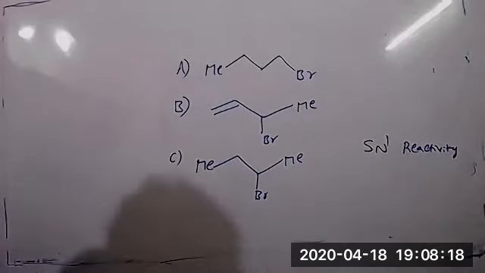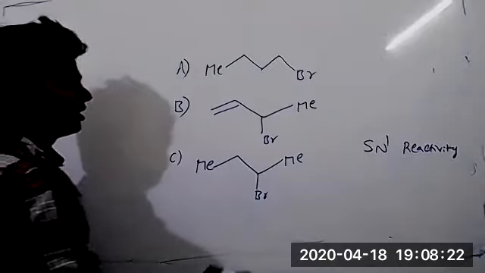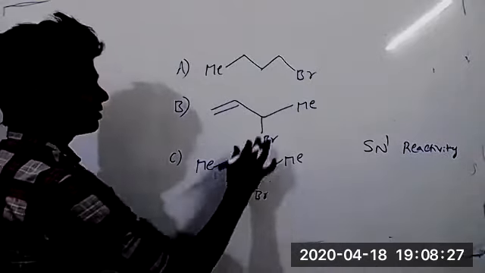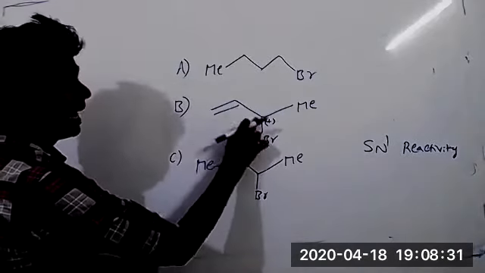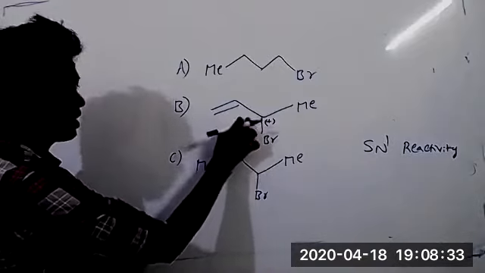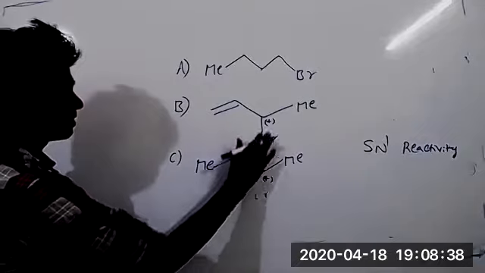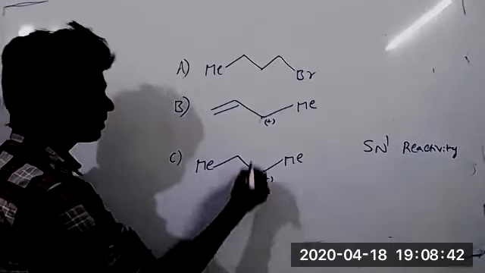BCA, sir. Yes, it's correct. It depends upon the stability of the carbocation. Suppose bromine is lost here, positive charge comes here. This is an allylic carbocation, highly stable compared to these two. Next, here the positive charge is secondary.